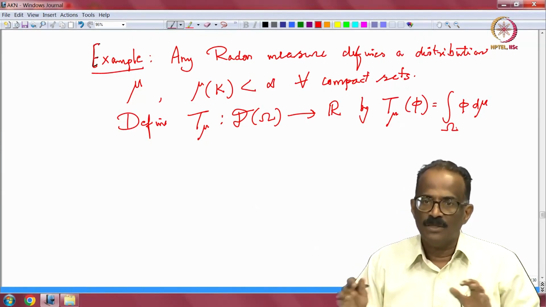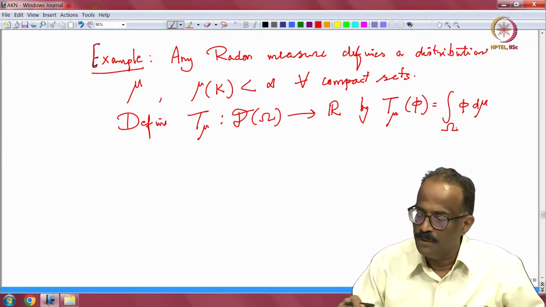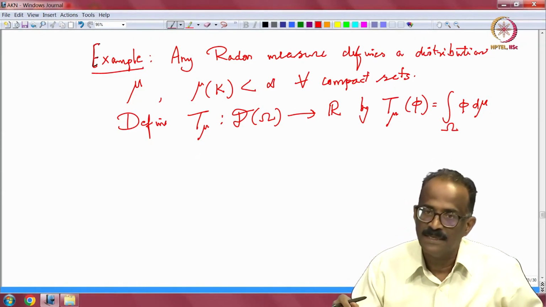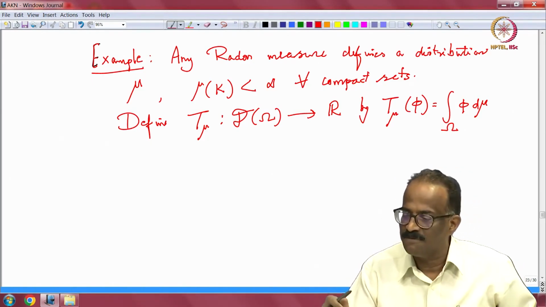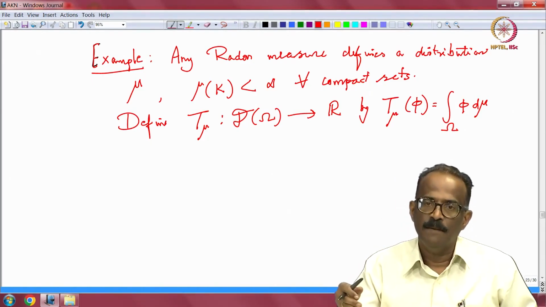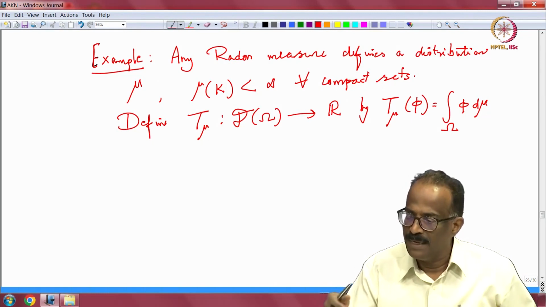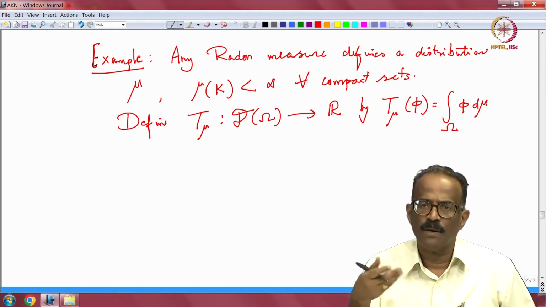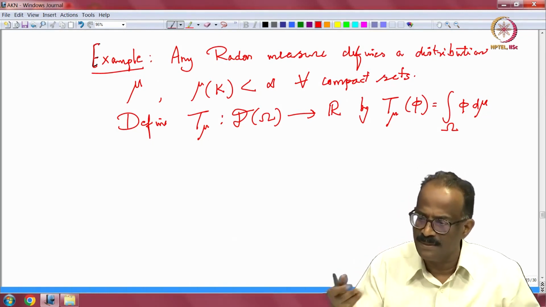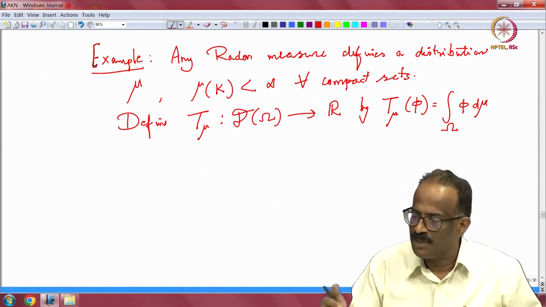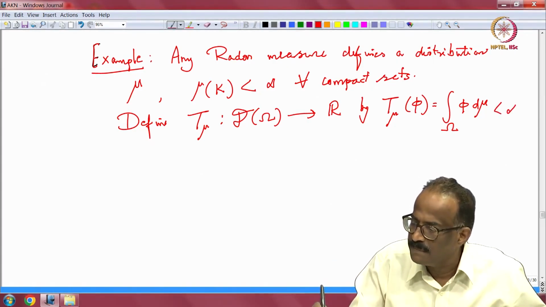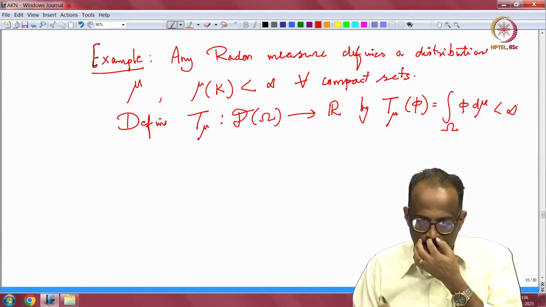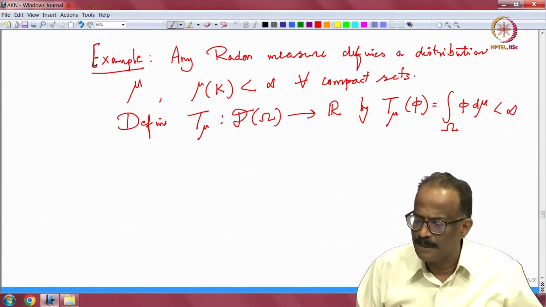As soon as you define a distribution, you should verify the well-definedness. The well-definedness is fine because phi has compact support, hence the integration is over a compact set, and since mu is a Radon measure, this is finite. There is not even an issue with the modulus being finite. So that is not an issue.